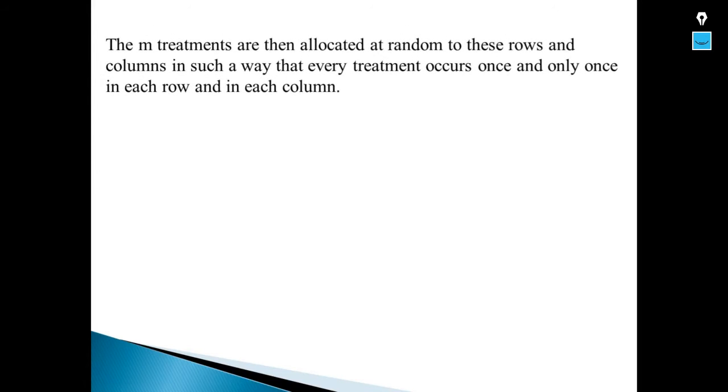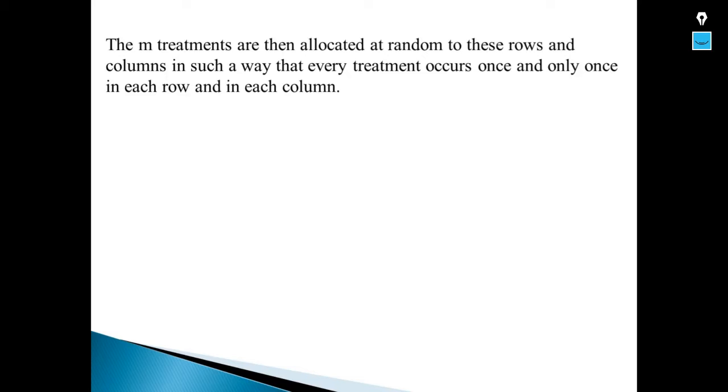So next, these m treatments are then allocated at random to these rows and columns in such a way that every treatment occurs once and only once in each row and in each column.